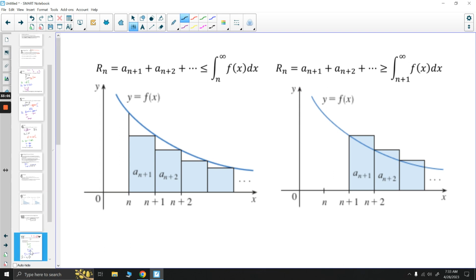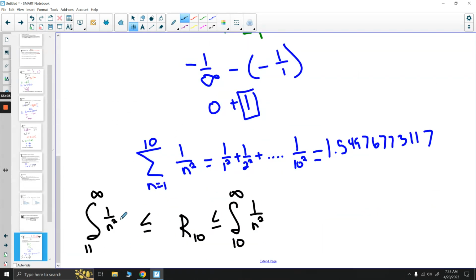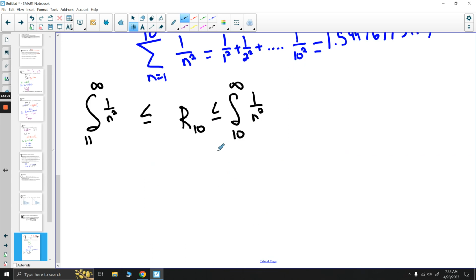All right. So we don't really need to do this one. This is sufficient because, like I said, in general we just care about some max error rate usually. But with the integral test, technically, we have a lower and an upper bound, and that might be important depending on the situation. So we're going to integrate this thing from 10 to infinity. The integral here would be negative 1 over n, taken from infinity to 10.